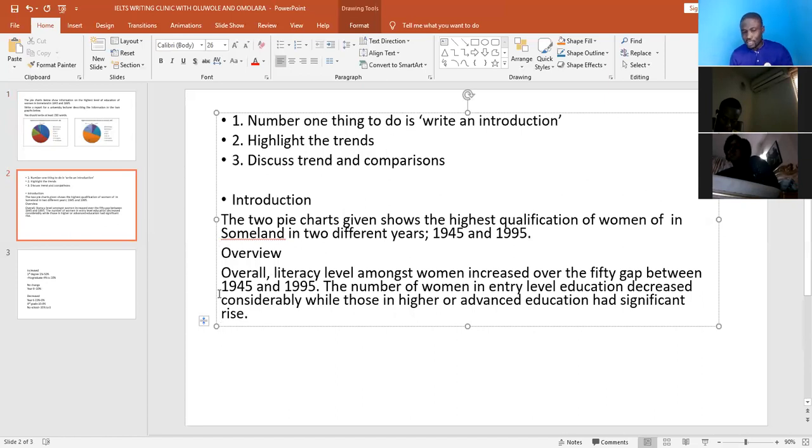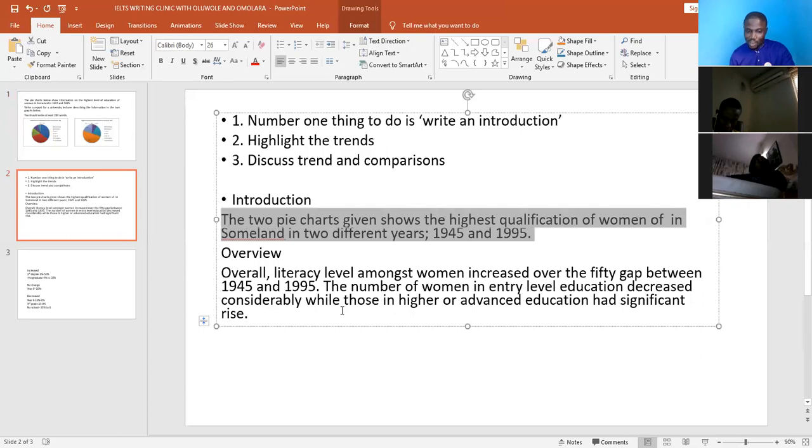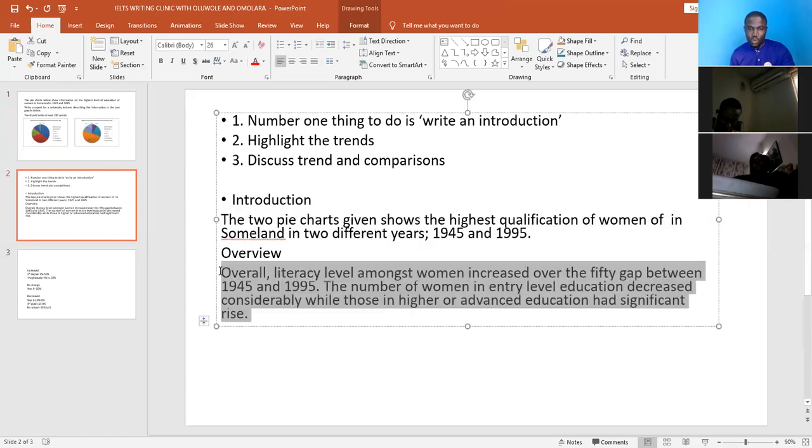So the first thing, please don't forget the introduction. The second thing, the overview, which will be in different paragraphs. And the third thing, you go into proper analysis and saying that the literacy level among women increased over the 50 years. Okay, the number of women in entry-level education decreased considerably.